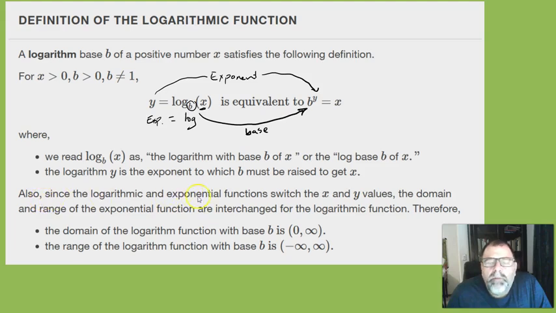Also, since logarithmic and exponential functions switch x and y values, the domain and range of exponential functions are interchanged for the logarithmic function. Therefore, the domain of a log function with base b is 0 to infinity, and the range of the log function with base b is all real numbers.